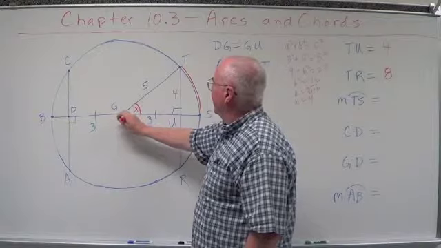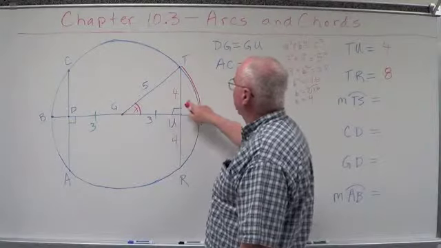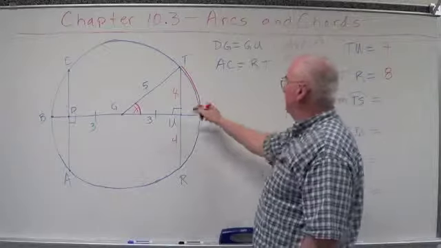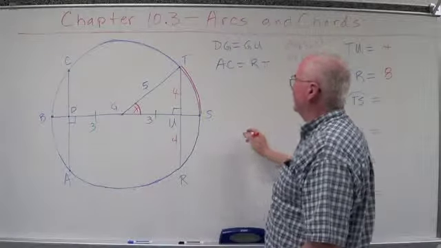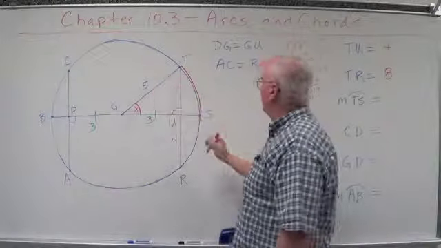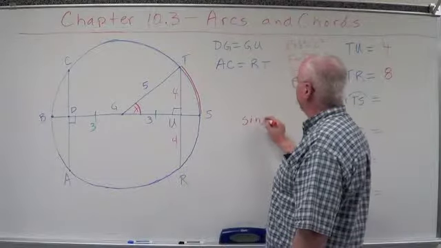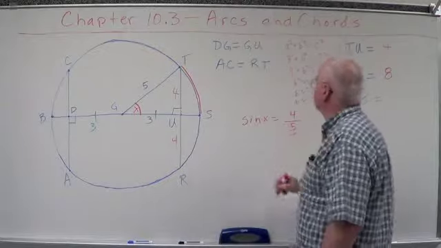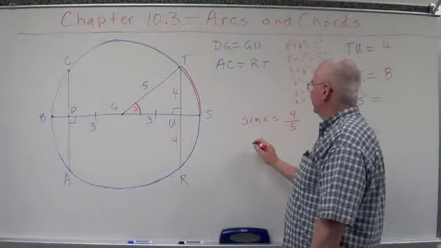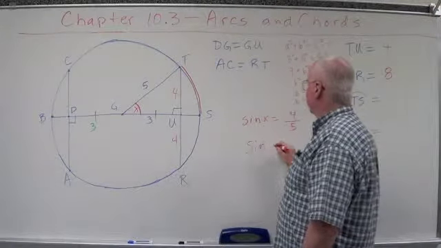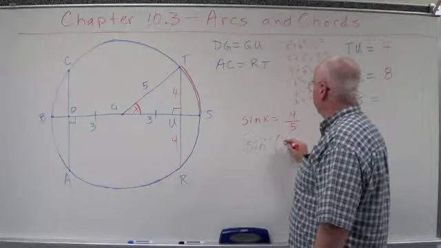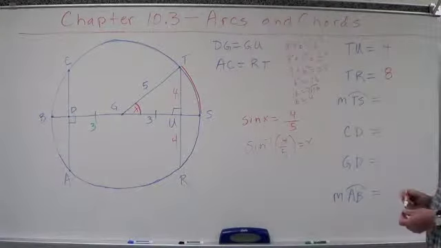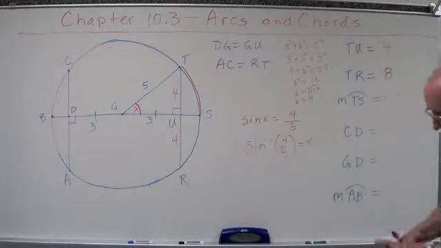If we're standing right here, it's opposite over hypotenuse. So we're looking at sine of x equals 4 over 5. So that's sine inverse of 4 over 5 equals x. Let's find out what that is.